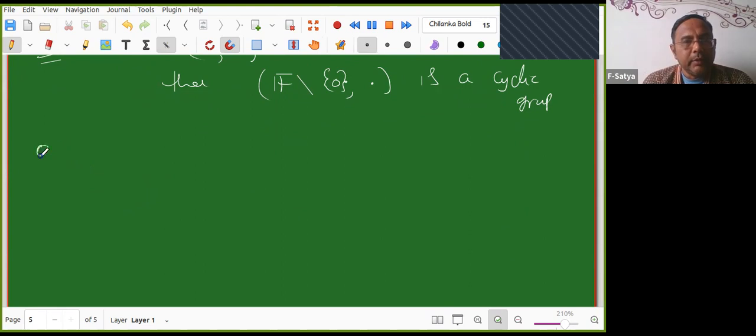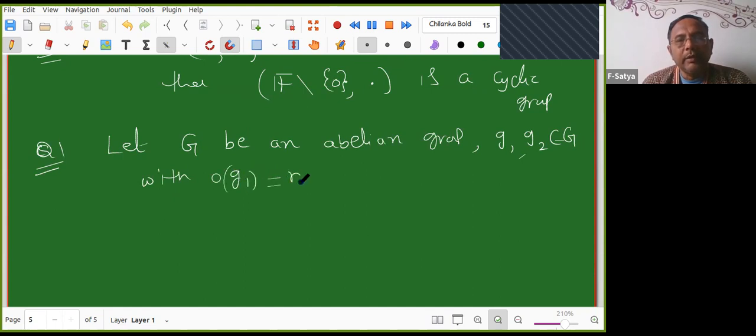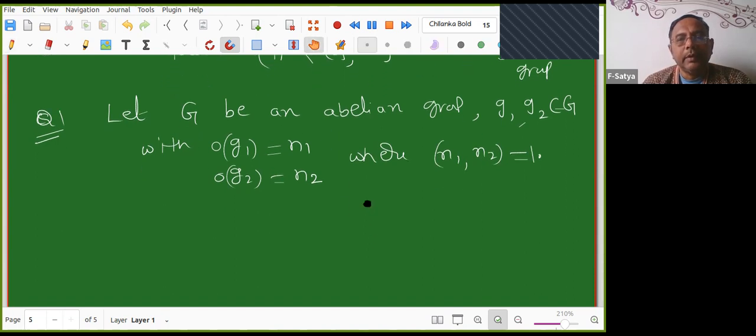Let G be an abelian group, because I already know it is an abelian group, that's why I'm confining to abelian groups. Take g1, g2 belonging to G with order of g1 equal to n1, order of g2 equal to n2, where the GCD of n1 and n2 is equal to 1.